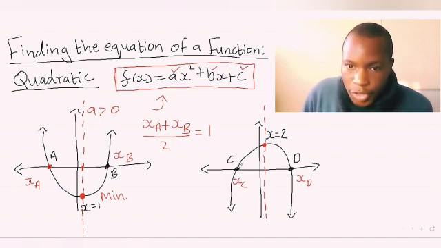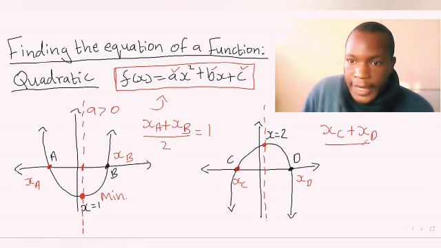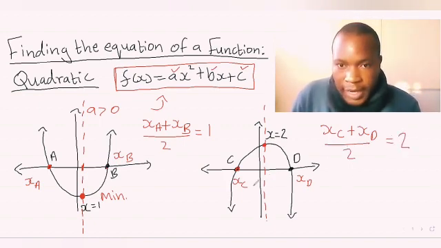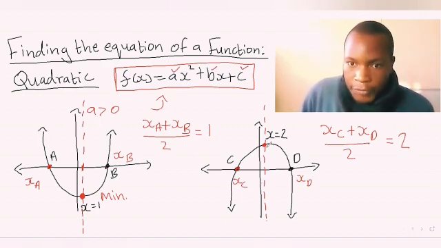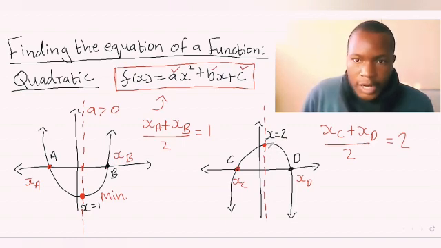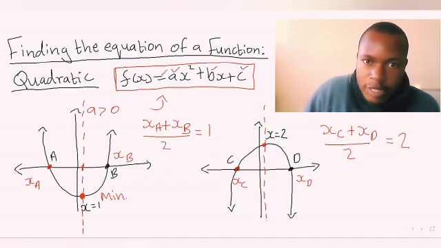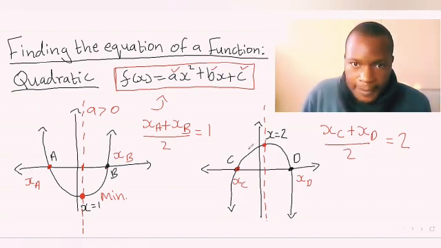So your roots, xc and xd, if you add them and then halve them, equal the x value of your turning point, which is your axis of symmetry. That is very important in finding the equation of a quadratic.